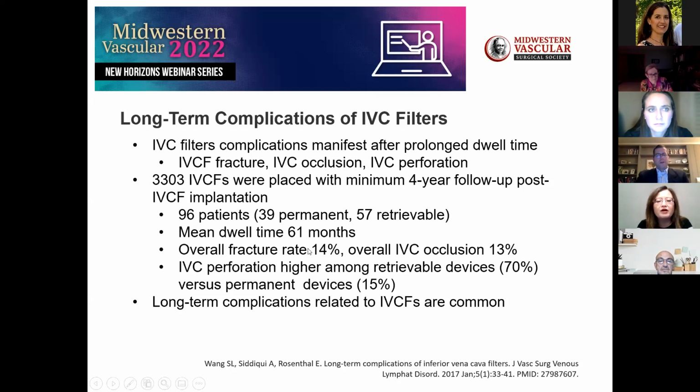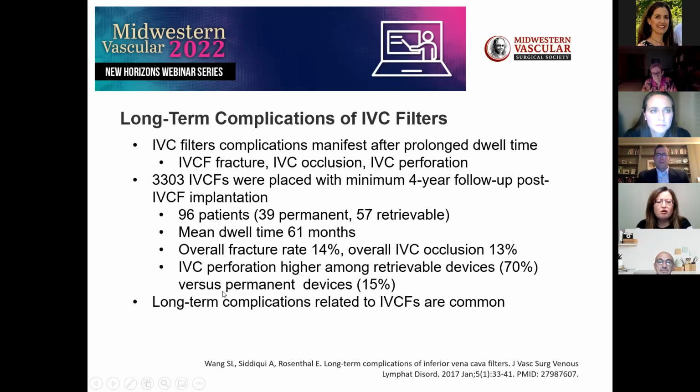They were over 5 years. The fracture rate was 14% and IVC occlusion was 13%. And the perforation was noted higher among retrievable devices, especially like the Cook Select, versus permanent devices like the TrapEase. However, the TrapEase causes more overall filter occlusion.